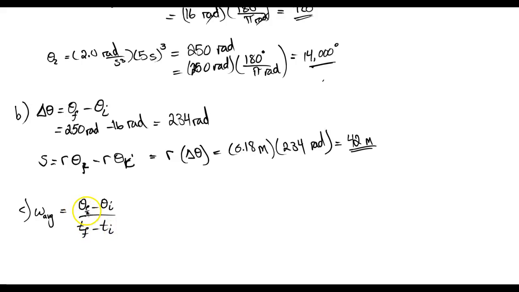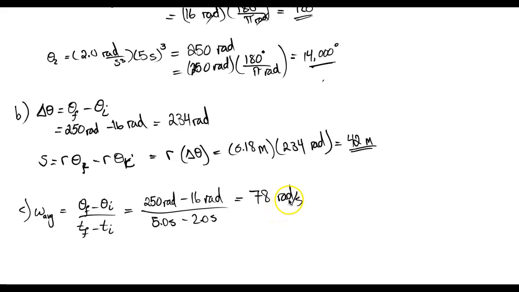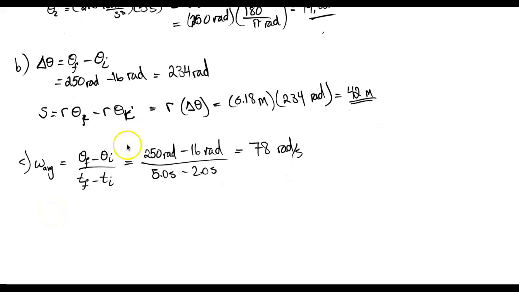We used this previously as x final minus x initial over t final minus t initial, so it's displacement over time: 250 radians minus 16 radians over 5.0 seconds minus 2.0 seconds. And this gives us about 78 radians per second. Keeping in mind significant figures, of course, right?